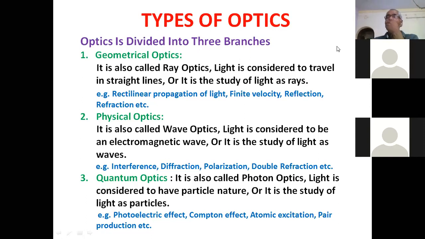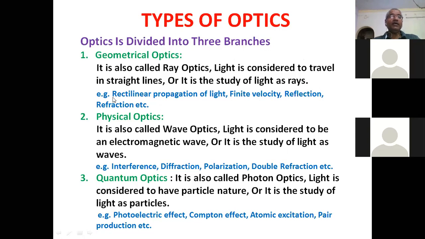So there is no change in medium. So in reflection, the light changes its direction in the same medium. The angle of incidence is equal to the angle of reflection. So this is called the reflection of the light.